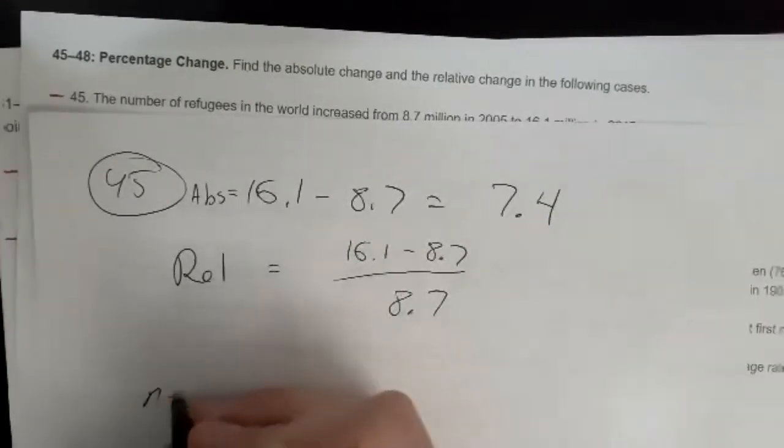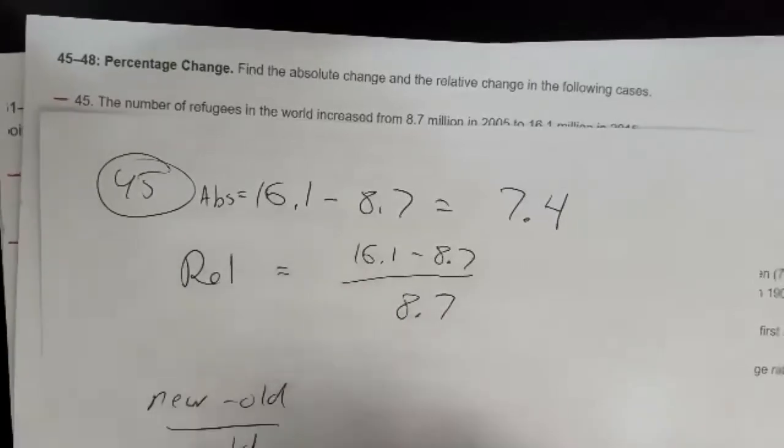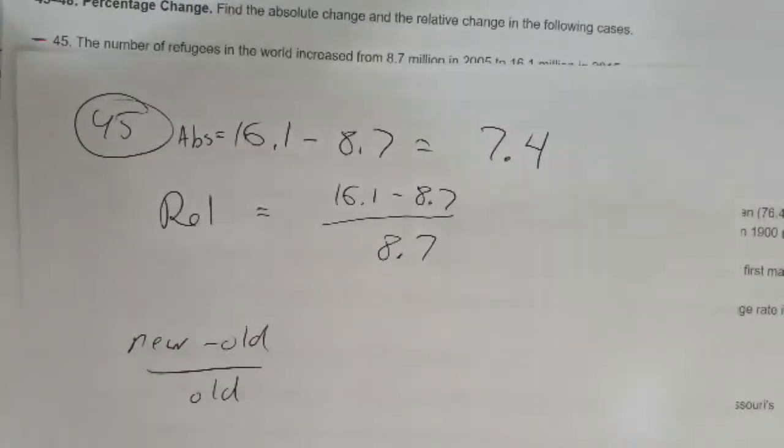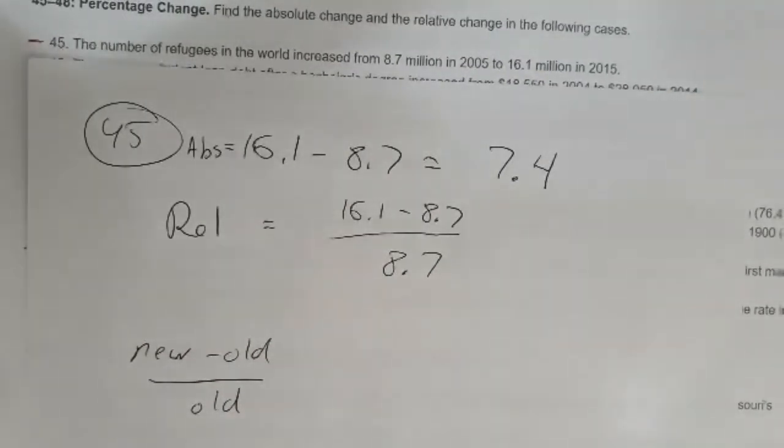There's a few different words they might use. The words I usually use are new minus old over old. Full disclaimer, they may not be new and they may not be old, but I think most people understand what I mean. What do we start out with and what are we going to? The thing we start out with is the 8.7 and it is going to 16.1.